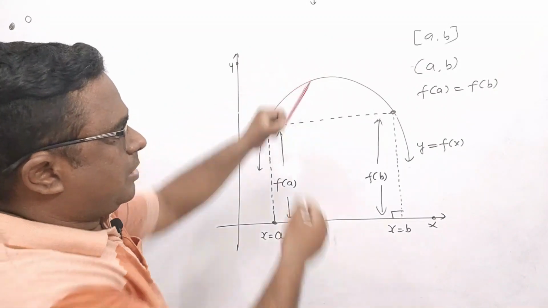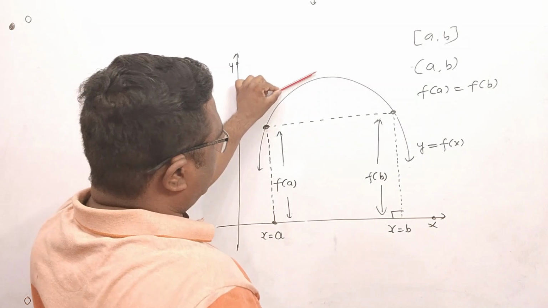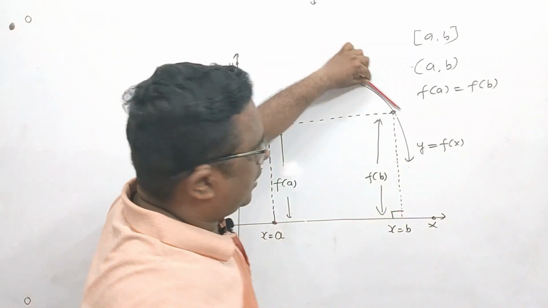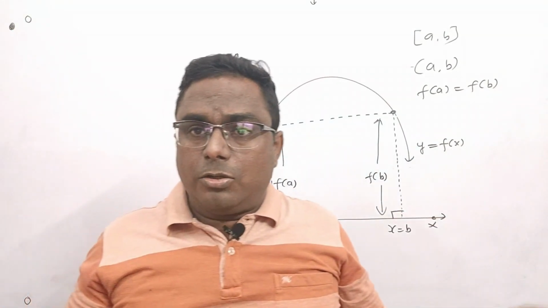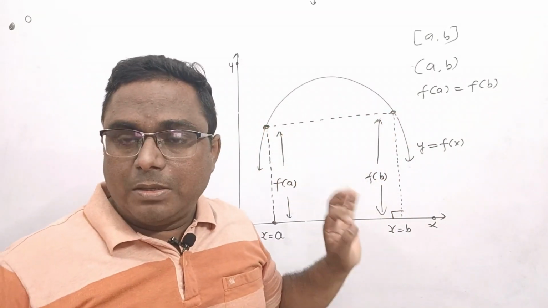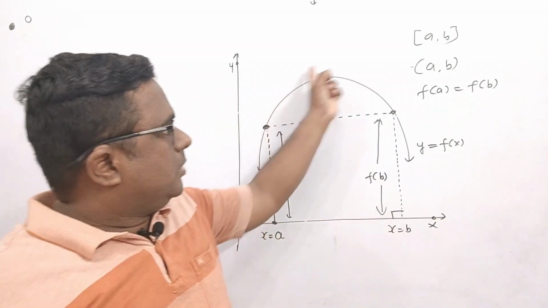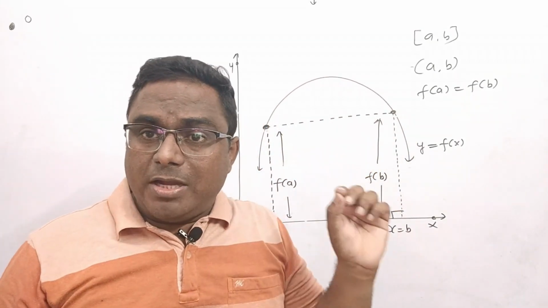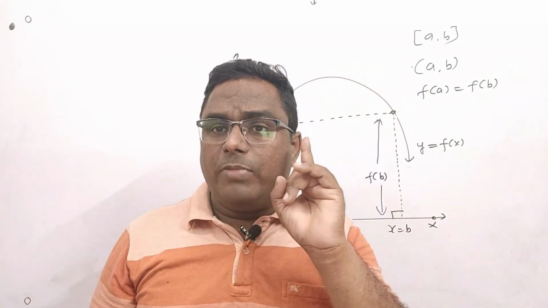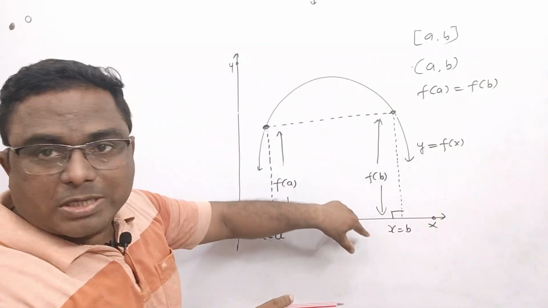And in the same way, if I slide my pencil on this curve like this, then I can find tangents to each and every point of the curve between this point and this point. Now, very interesting thing, in this portion you will definitely find at least one point where this tangent will become parallel to the x-axis.